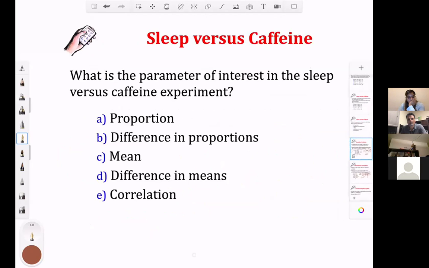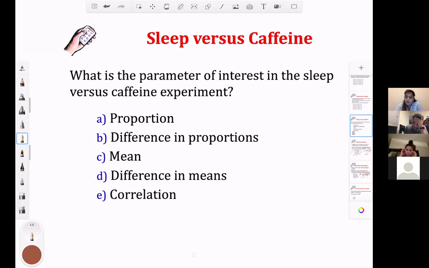Sleep versus caffeine. What is a parameter of interest in the sleep versus caffeine experiments? The difference in proportions.